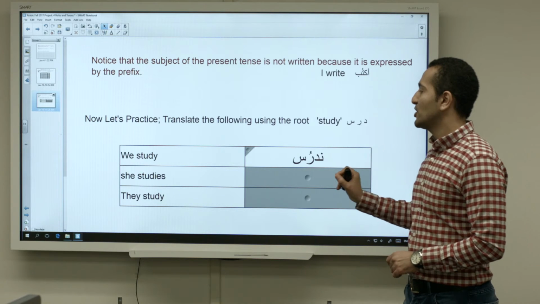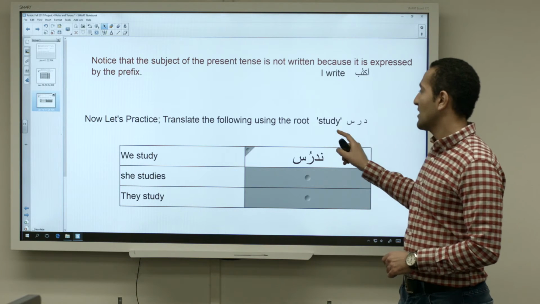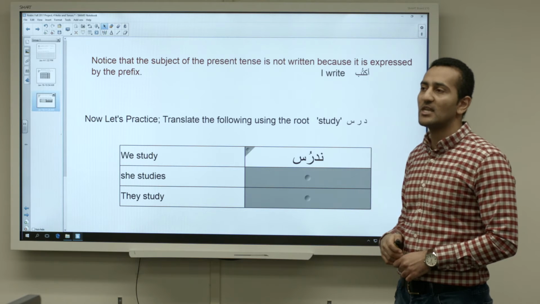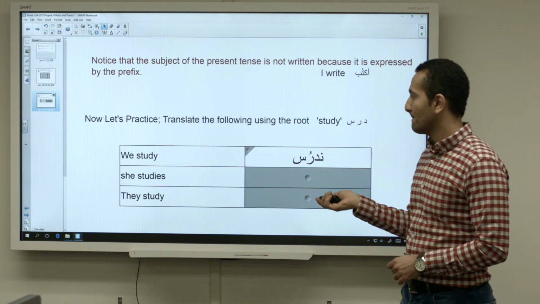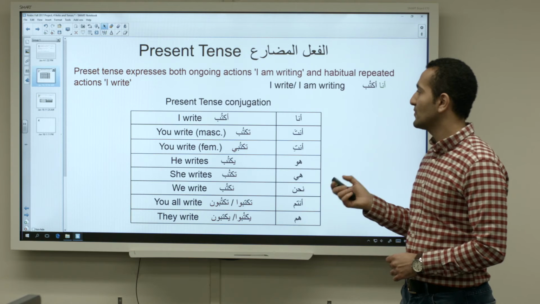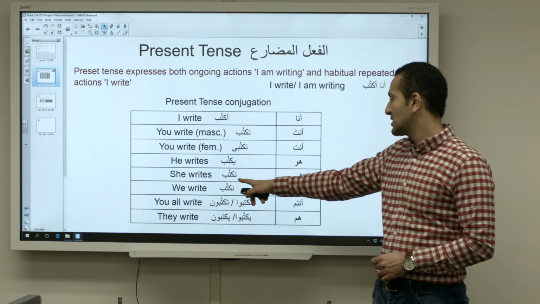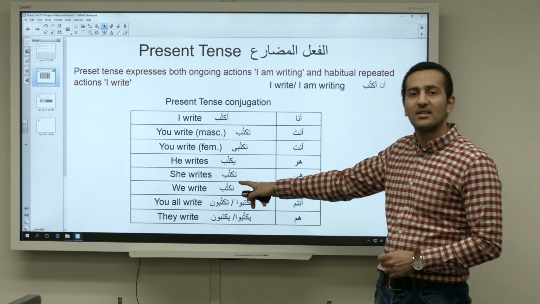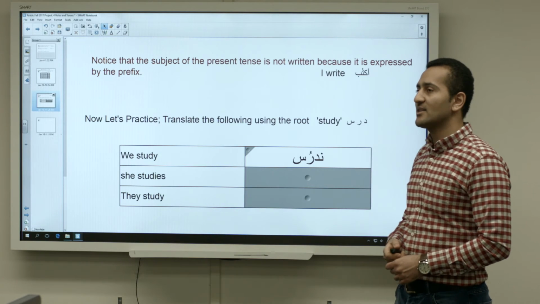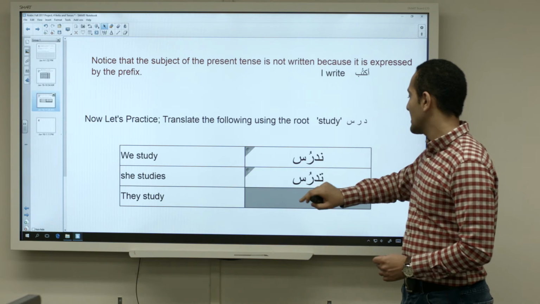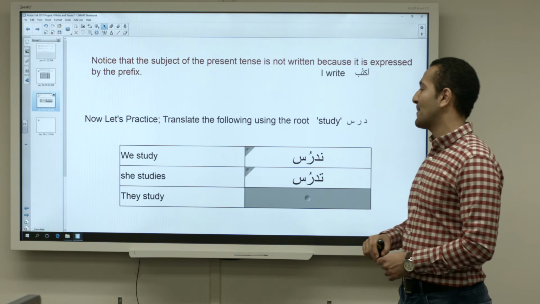نعم. What about she studies? We have the root درس. How do we make the present tense of she? She is تكتب. With درس it will be تدرس. نعم.